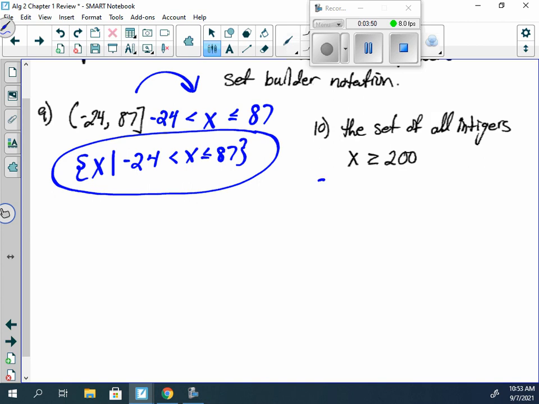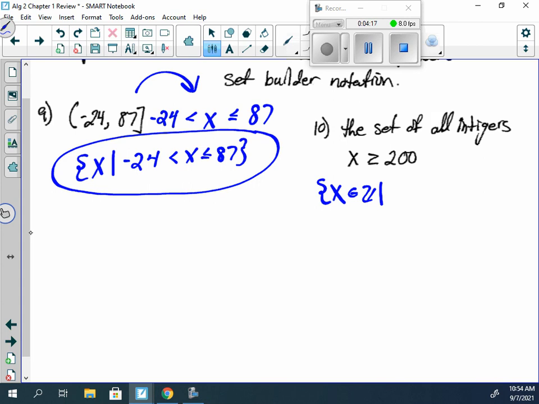So when we start this off, normally if I do our curly bracket x bar, it is saying what? The set of all real what? Numbers. Are we talking about all real numbers? No, we're talking about the set of all integers. So we're going to say x is an element of the Z bar, which is our integer, such that what?